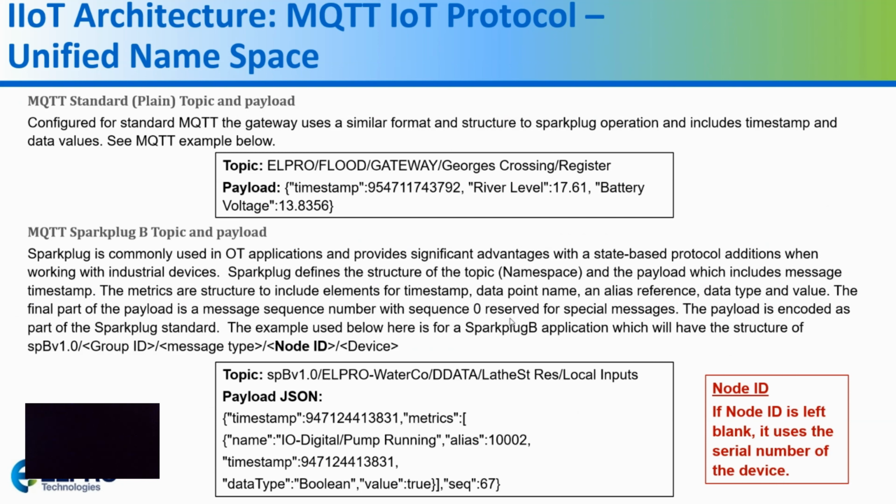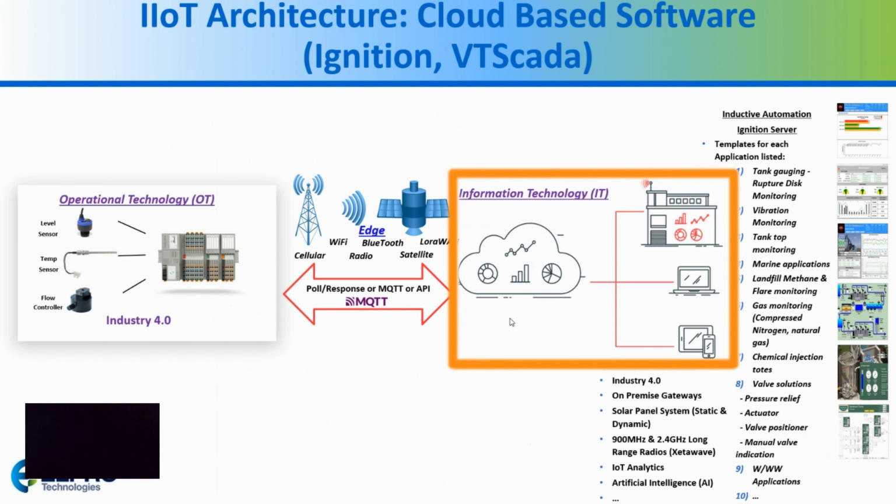But Sparkplug-B makes it a standard format, so you can see the data in that standard format and not have to rely on a specification and coordinate that with the engineering firms or system integrators. What I like is within the node ID, if you don't give it a name, it actually uses the serial number so you can identify what node it's communicating to.